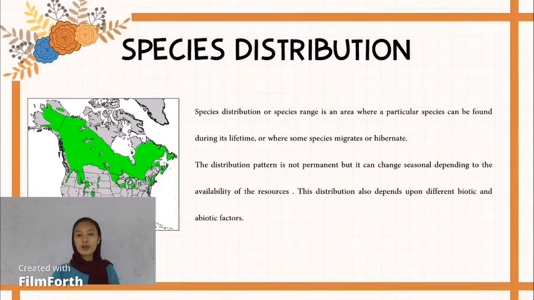This distribution also depends upon the different biotic and abiotic factors. Since the species diversities may vary from different geographical locations, some species might have yung wide range area, while some species have a limited area. The most species-rich environments are tropical rainforests, coral reefs, and ocean bottom zone.